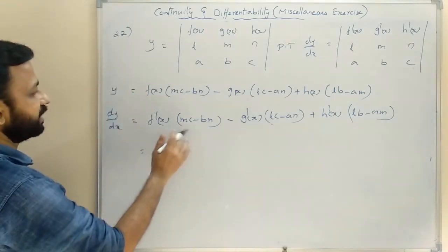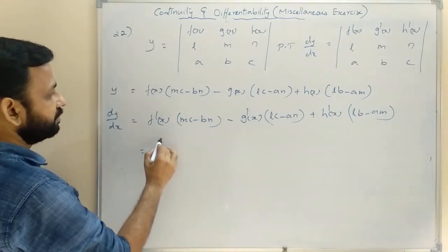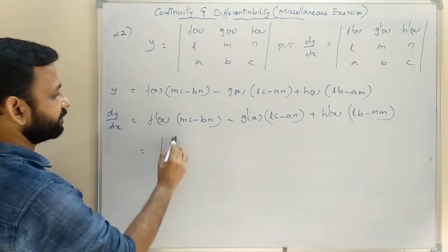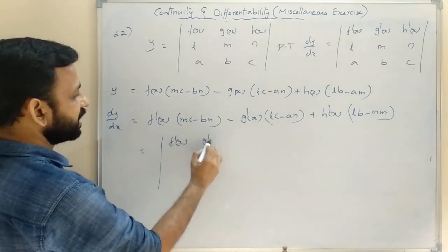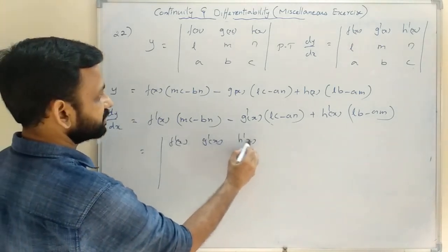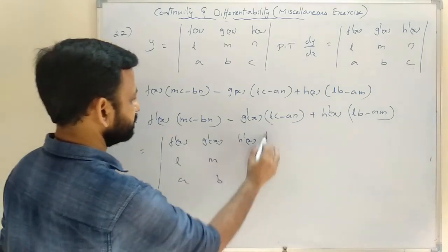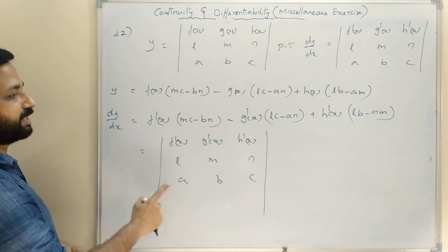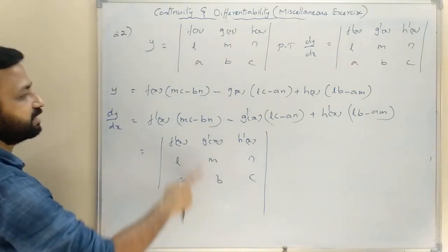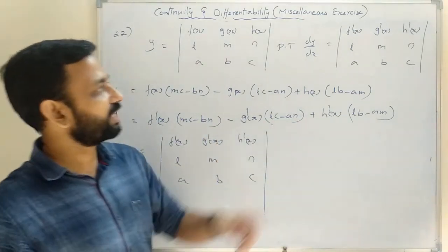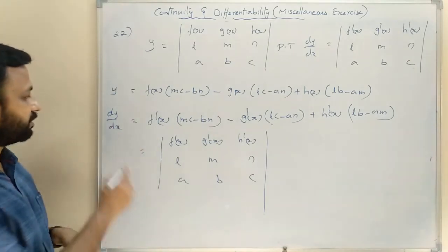Therefore dy by dx is equal to the determinant with first row f dash x, g dash x, h dash x, then l, m, n, then a, b, c. So the expansion, or the value, of this determinant is this one.